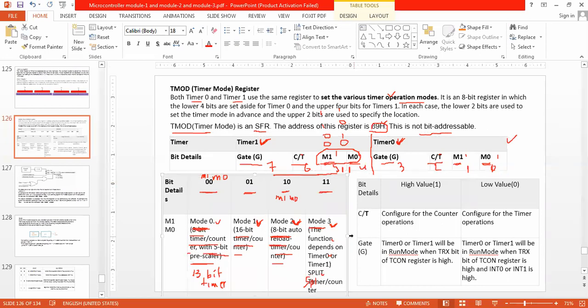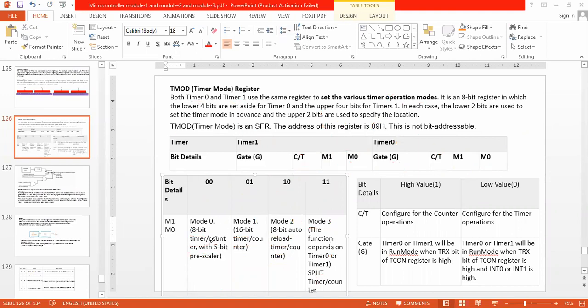So is it understood? How many modes do we have? 4 modes. Which are those modes? Mode 0 is 8-bit with 5-bit prescaler, which is called a 13-bit timer. Mode 1 is a 16-bit timer. Mode 2 is an 8-bit timer with auto reload.